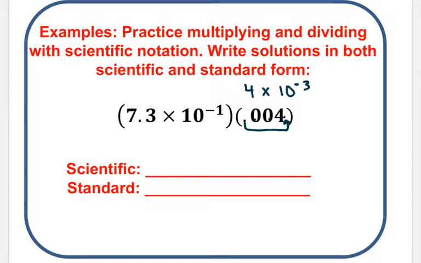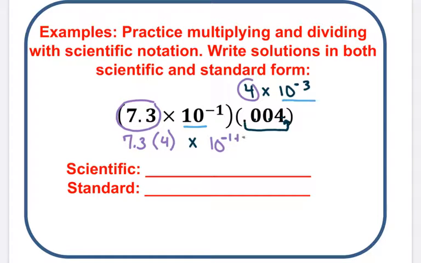So I need to multiply 7.3 and 4. And then I'm going to add these exponents. So that means I have negative 1 plus negative 3.